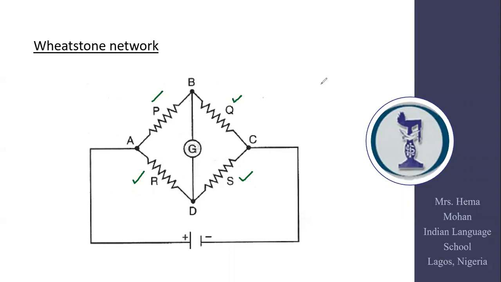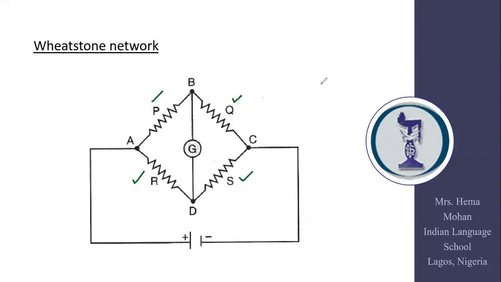And one more condition on using your Wheatstone network effectively is that you have to choose your resistances in such a way that they are all of the same order. By order, I hope you understand what I mean. The range of the resistances should be the same.